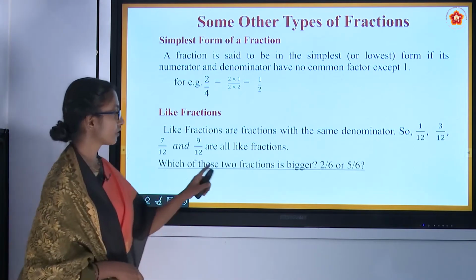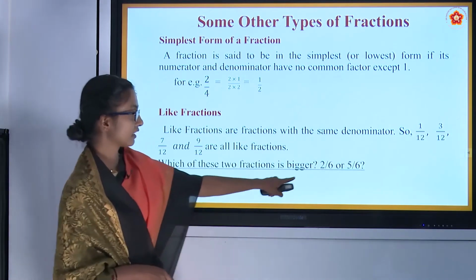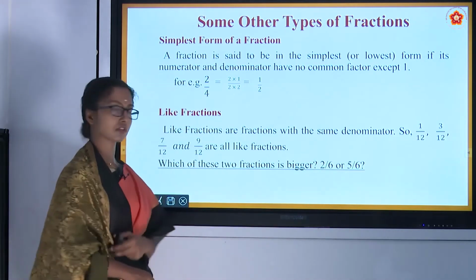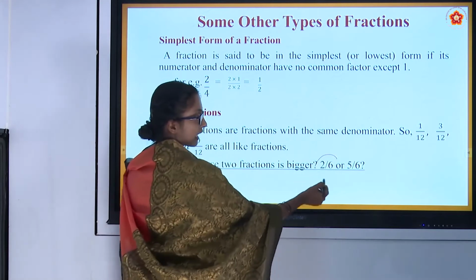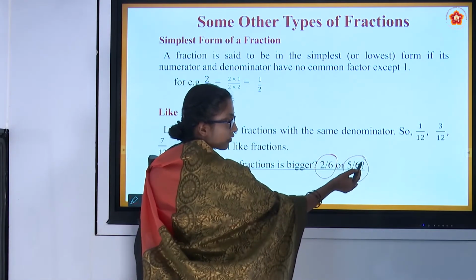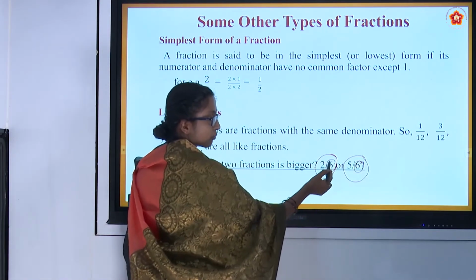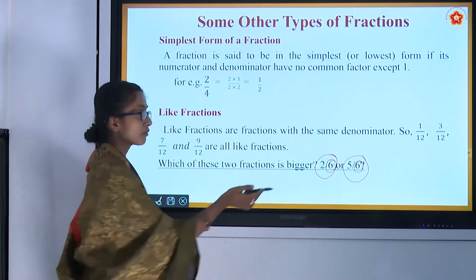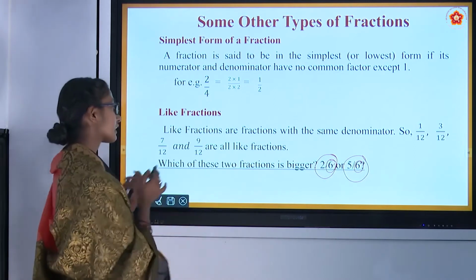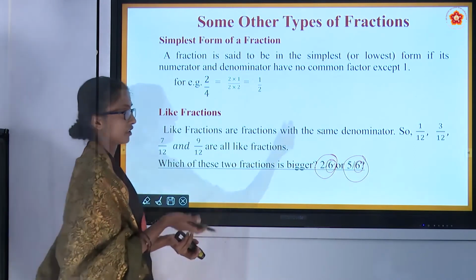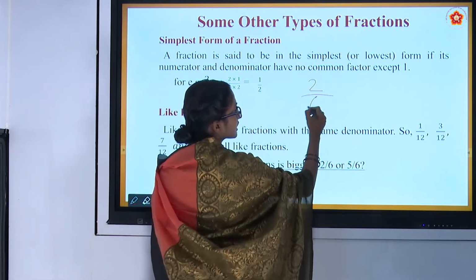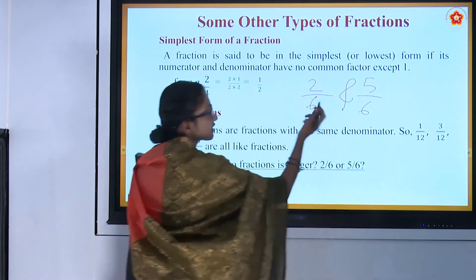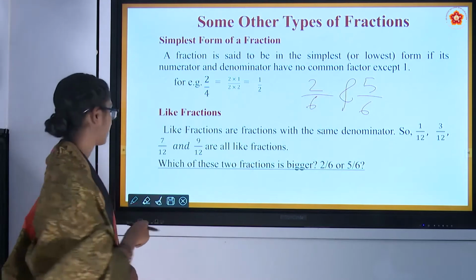These are just examples of like fractions. Now consider 2 by 6 and 5 by 6. For sure these both are like fractions as they have the same denominator, 6. They have different numerators but the same denominator. Among 2 by 6 and 5 by 6, which one is bigger? They are asking us.